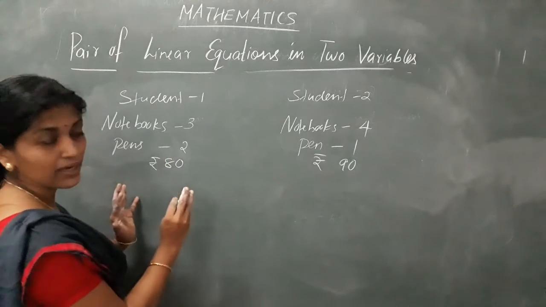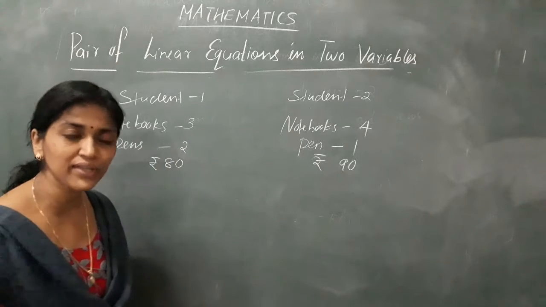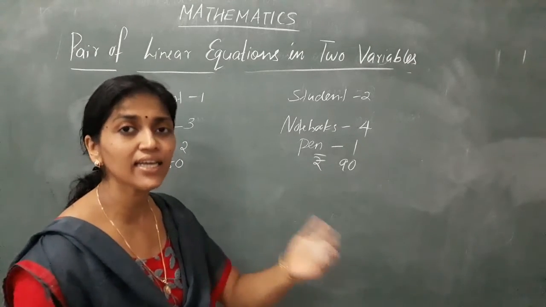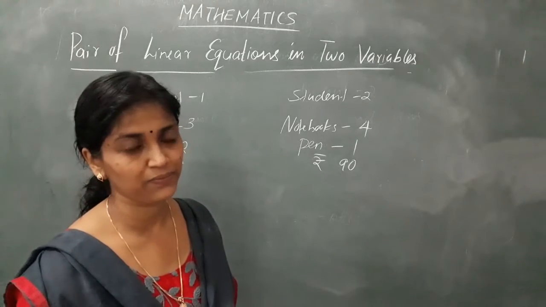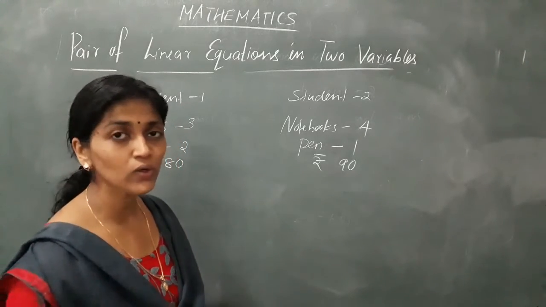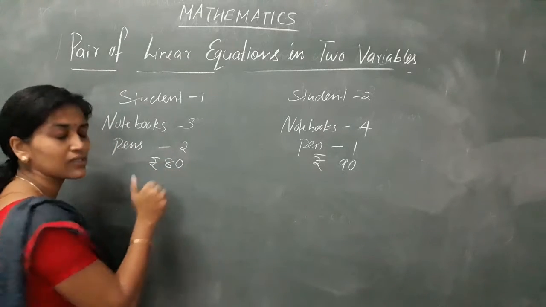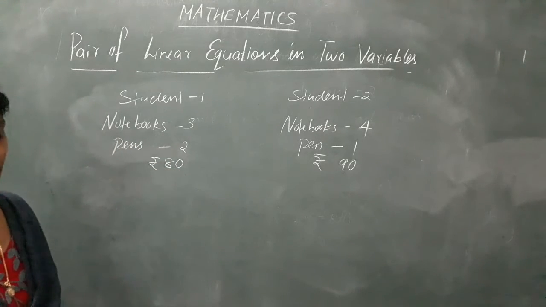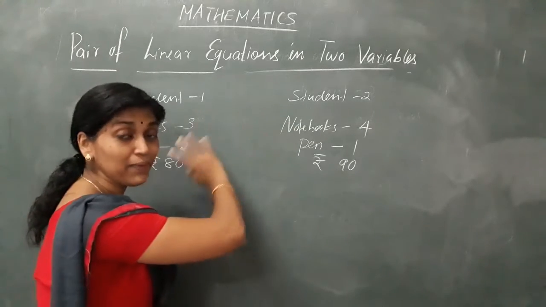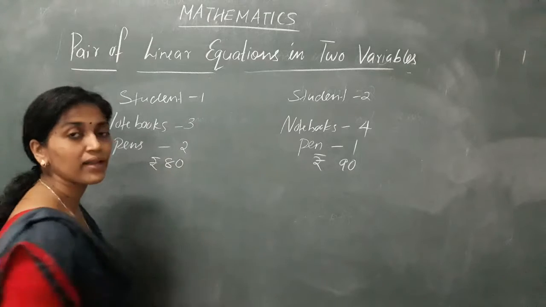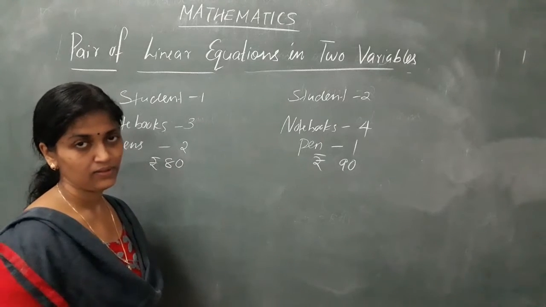So this way, two conditions are given here, and we are going to form linear equations in two variables. We don't know the cost of a notebook and a pen, but we know the total cost is equal to 80. They both are buying the same notebooks of the same cost and the same pen of the same cost.